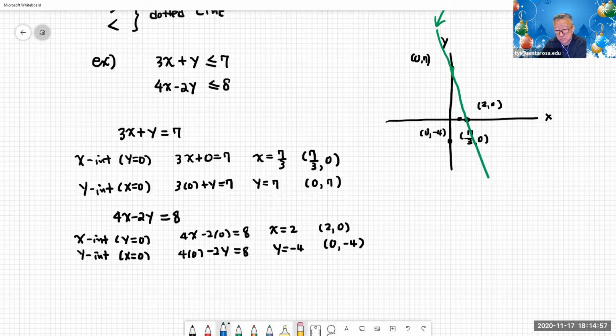Okay, so I'm going to use the blue. Okay, so this blue line represents 4x minus 2y equals 8. All right.